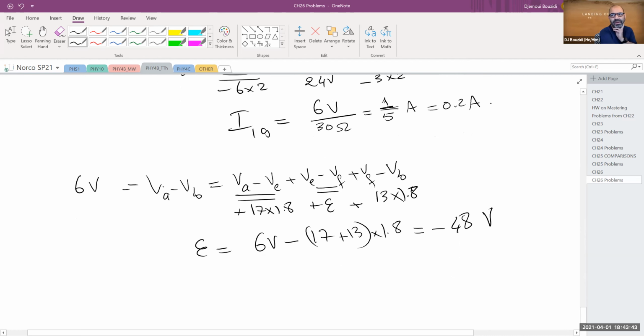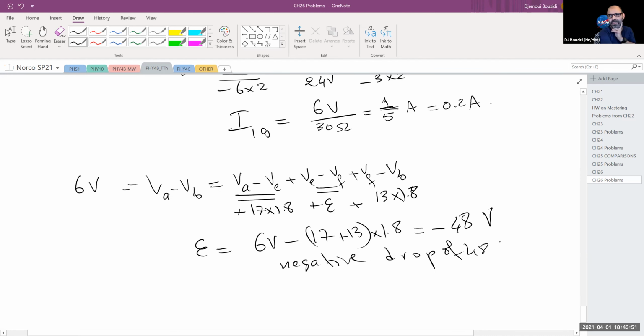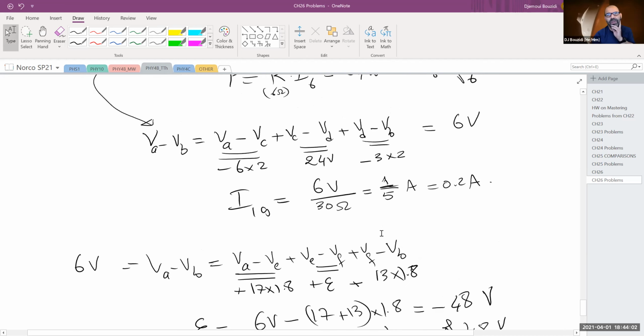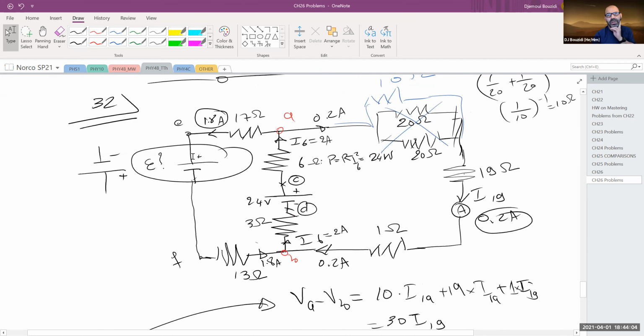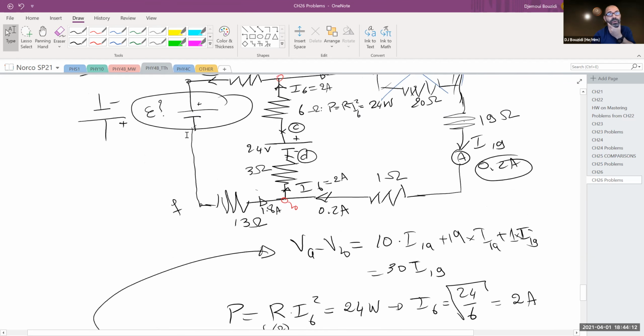This is a negative drop, which is the same thing as a rise of 48 volts. So when we went through that direction, from the point E to F, we thought we were dropping, but we were rising actually. The point F is situated higher than point E by 48 volts.